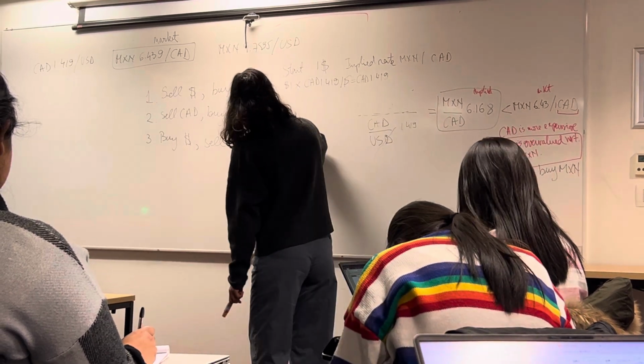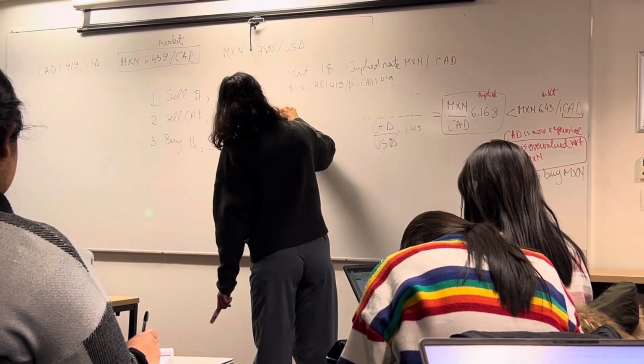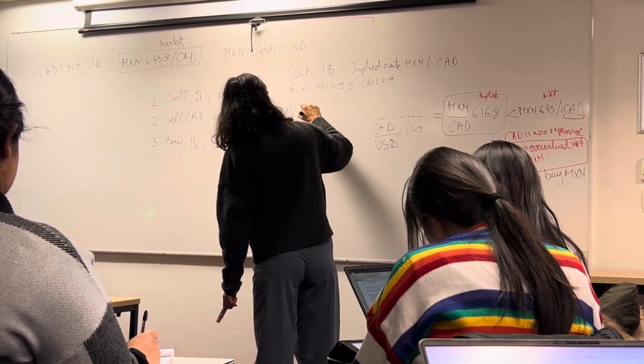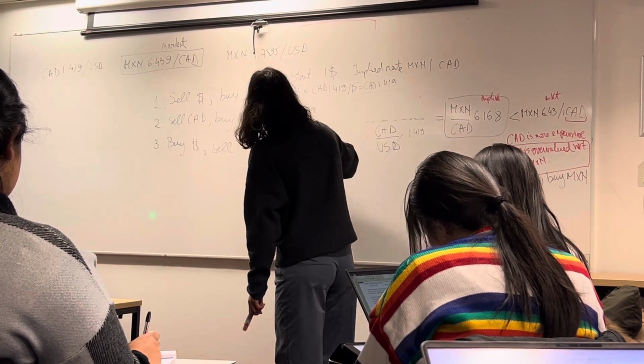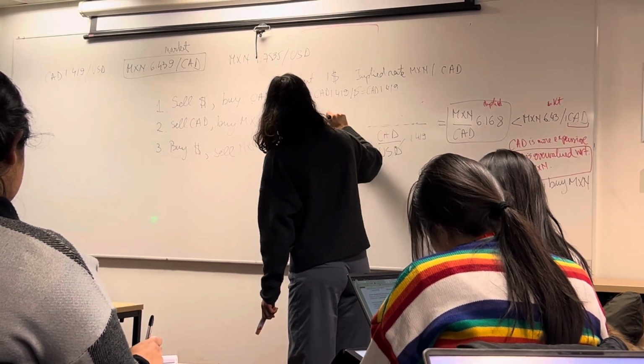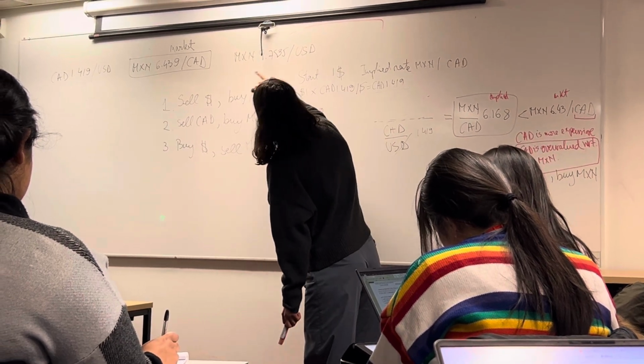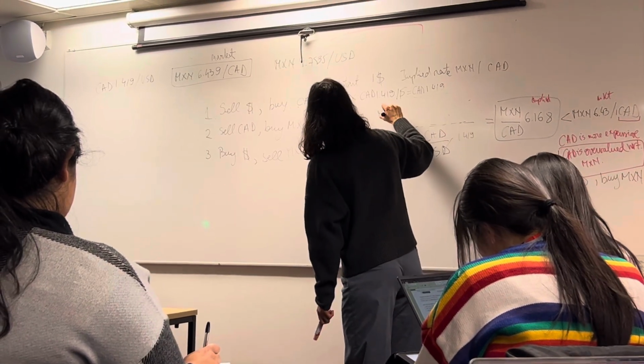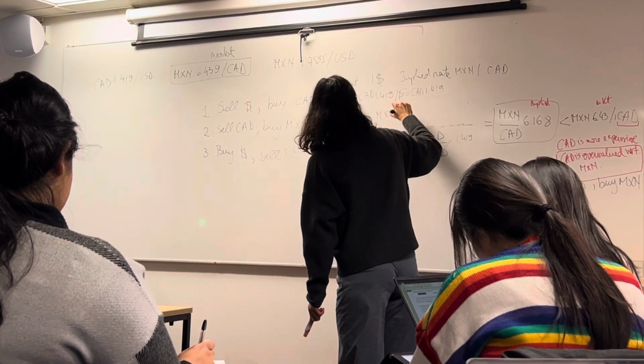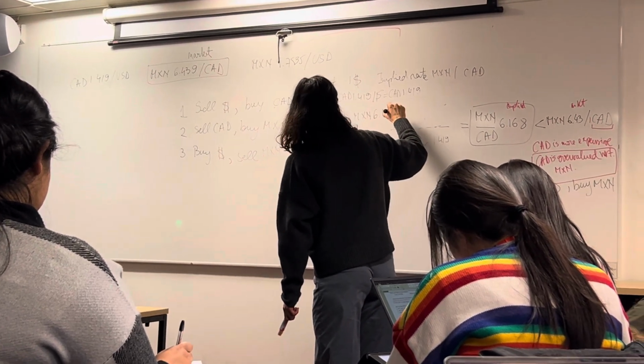Okay, here we have 1419 Canadian dollars, and we're selling them for Mexican. Now we need the CAD/MXN exchange rate, which is the one we said we were transacting at.